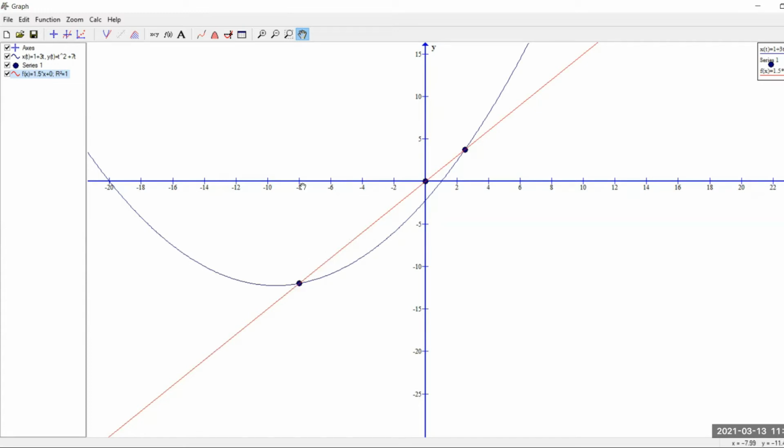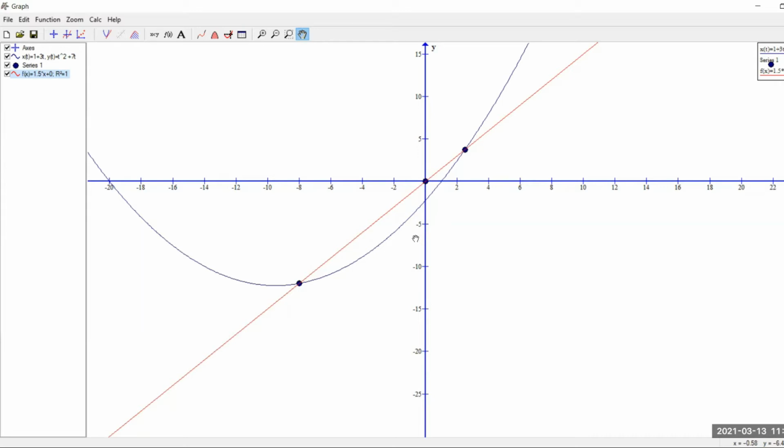The gradient is a rise of 12 over a run of 8. 12 over 8 is 1.5. The gradient from the origin to this point as well is a rise of 3 over a run of 2, which is also 1.5.